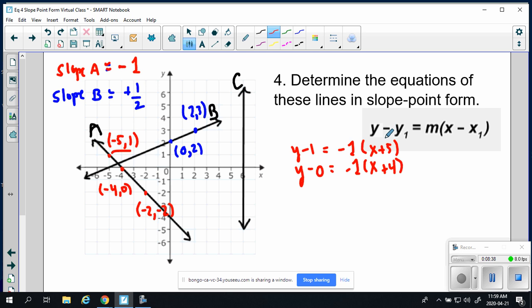How is it possible for a single line to have two different equations, though? It is possible because if you simplify both of these equations out to y equals mx plus b or general form, they will simplify out to the exact same thing because they are the exact same line. So when we are writing equations in slope point form, those equations are not unique. There are an infinite number of correct equations for slope point form on any given line.